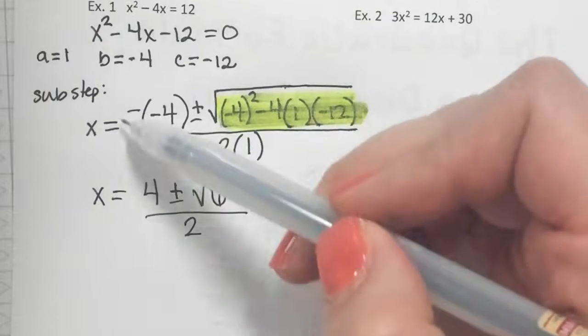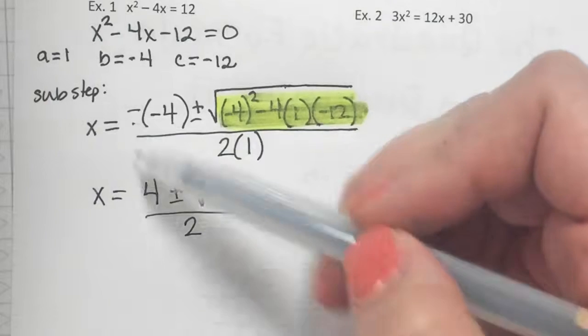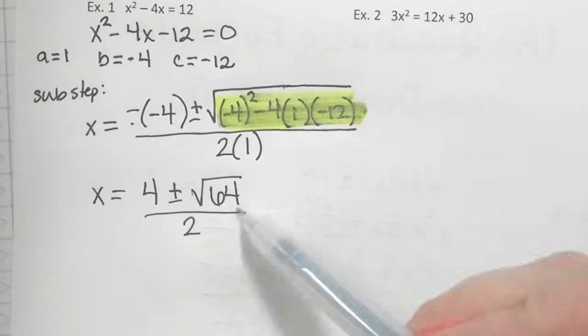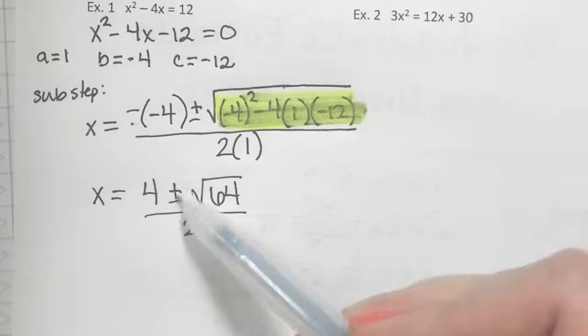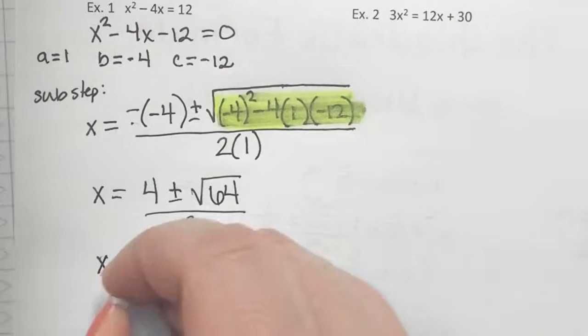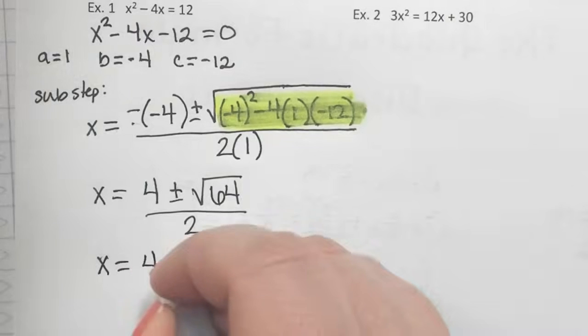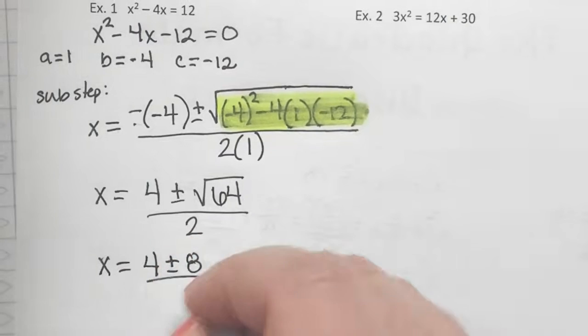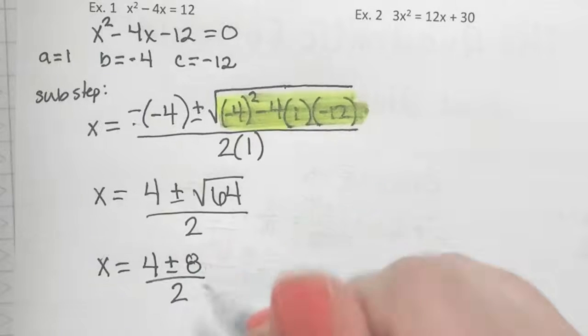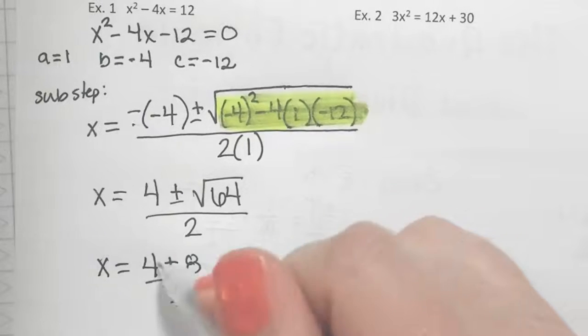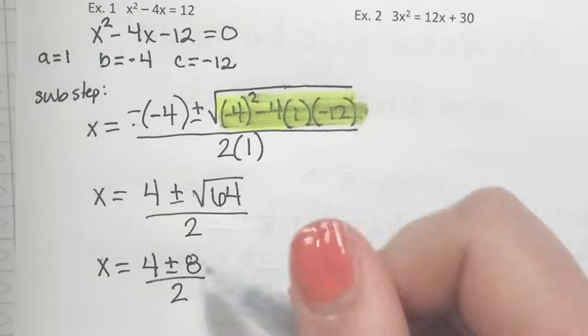You're maintaining equality. Every line I maintain the x equals. Okay, now can we do the square root of 64? Yes. That's 8. Plus or minus 8. So x equals 4 plus or minus 8 divided by 2. And now we can actually do that. You can add 4 and 8 together, and you can subtract 4 and 8.